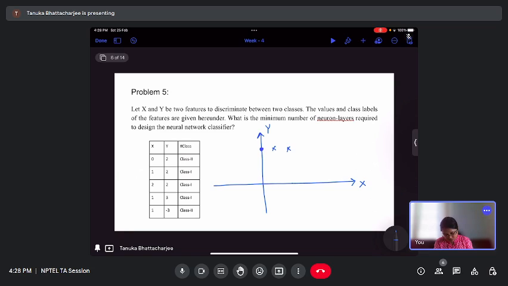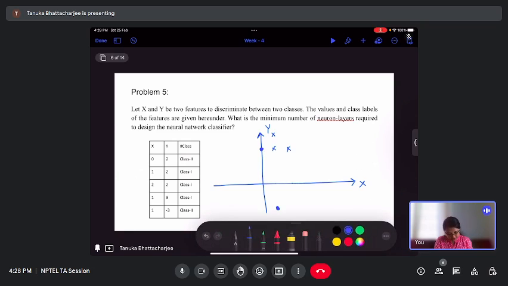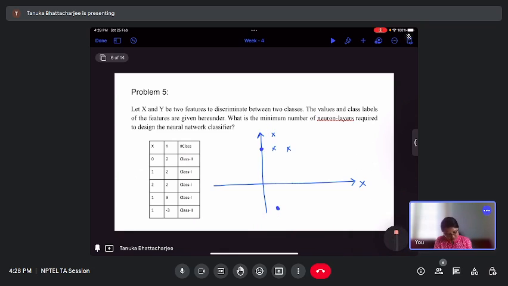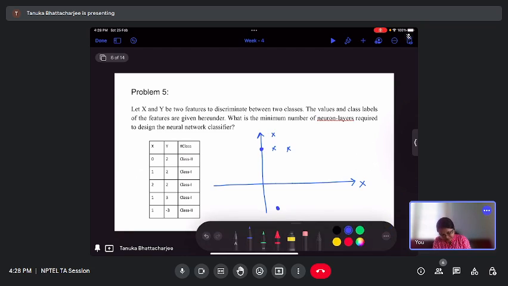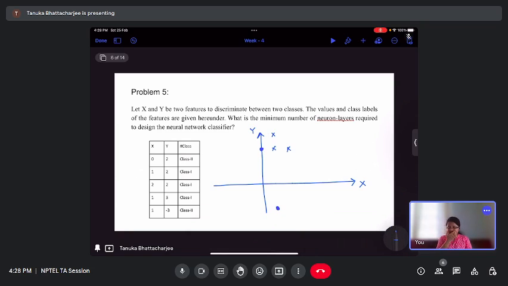Next one is at 1, 3, that is also from class 1. Another one is at 1, minus 3, that is from class 2. The drawing is not that great, but anyway. So these are the 5 points that you have.